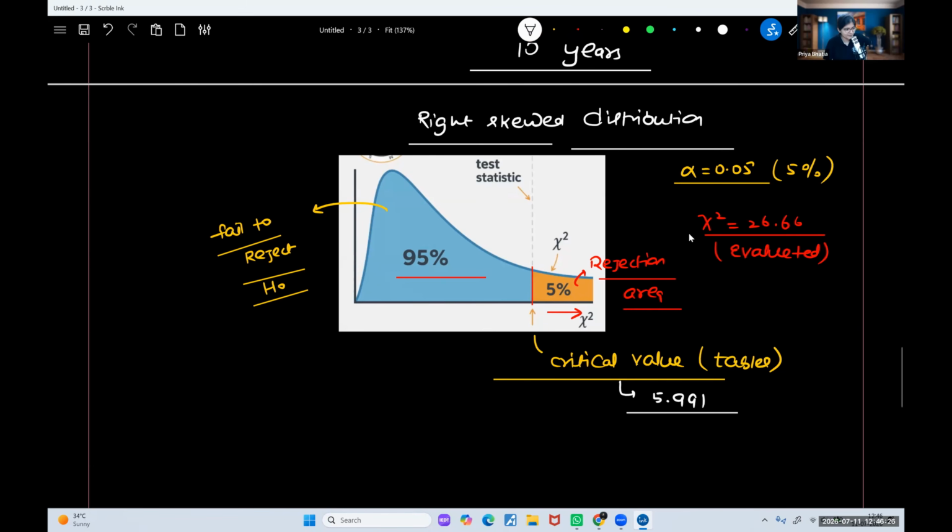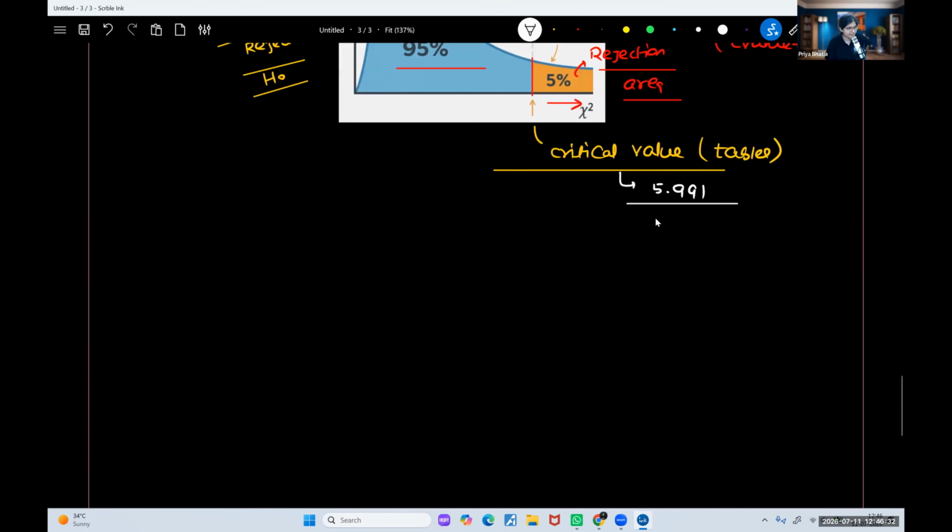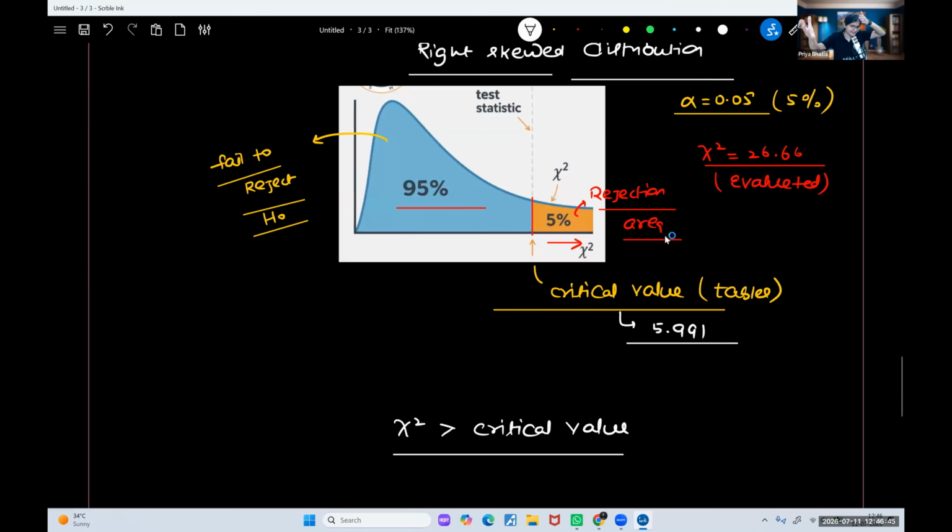So over here, you can see your critical value is 5.991, your chi-square value is 26.66. Because your chi-square value which you're evaluating is really high compared to the critical value. So where exactly will it fall in this diagram? Will it fall towards the right side or the left side? Can you give me the answer?